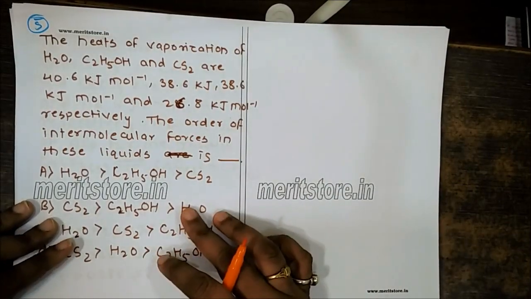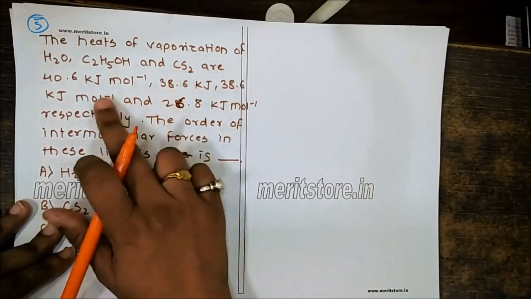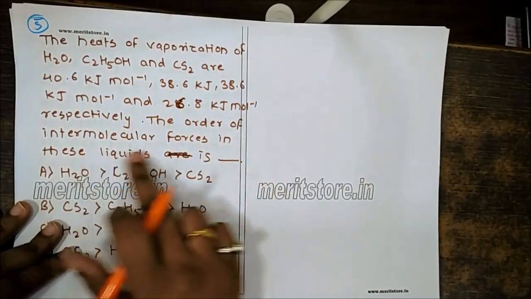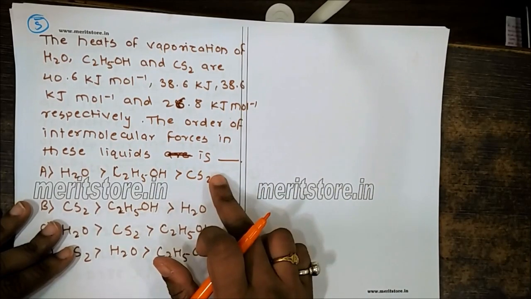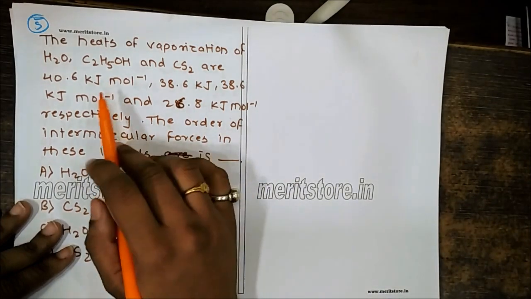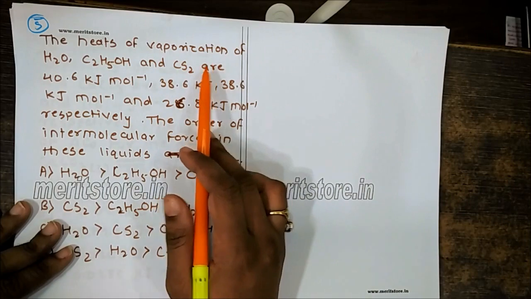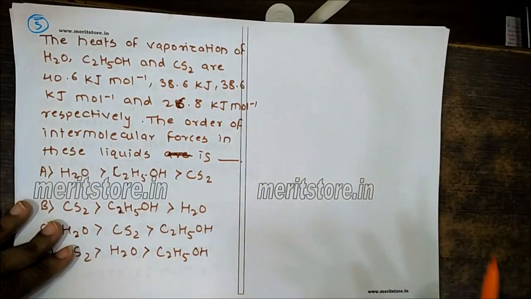Question number 5: the heats of vaporization for water, ethanol and CS2 are given. The order of intermolecular forces in these liquids. Now we have to remember, when the liquid turns to vapors, the amount of energy which is required is the heat of vaporization. The more energy required, the more the intermolecular forces.